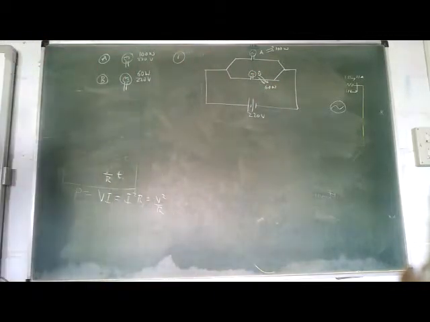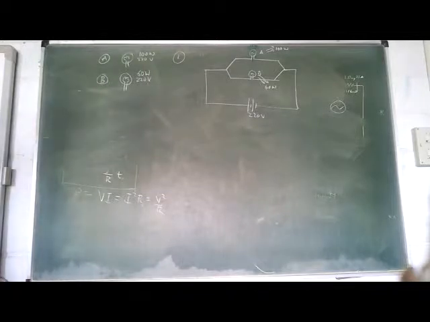Obviously when you are buying bulbs and putting them in a house, we are putting them in parallel, so we don't have to calculate anything. It is rated 100 watt, it will give 100 watt. Everybody is not a mathematician, saying this much watt, that much watt. Whatever is the rating, that is what it will give, provided you are putting in parallel. All the equipment in your house is put in parallel so that the voltage across each equipment is the same.